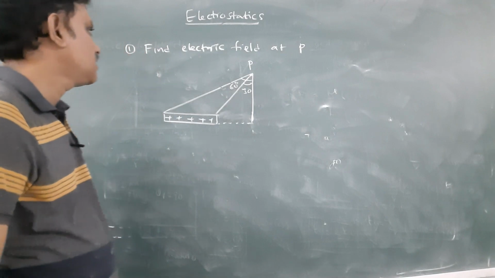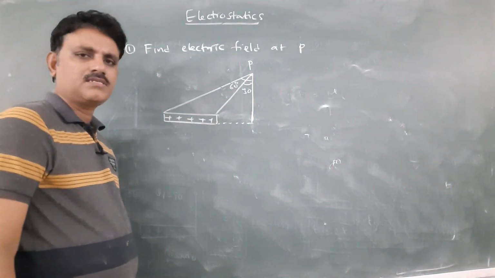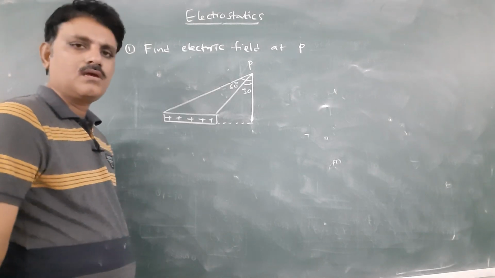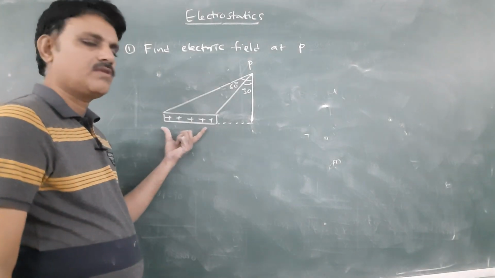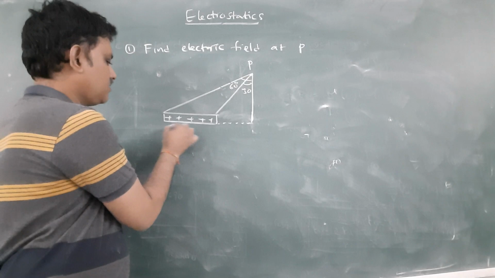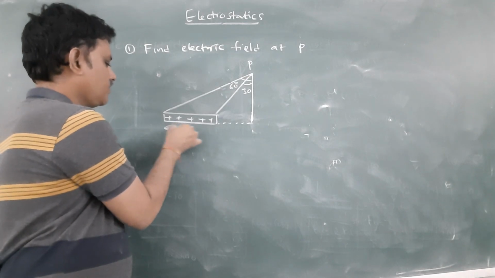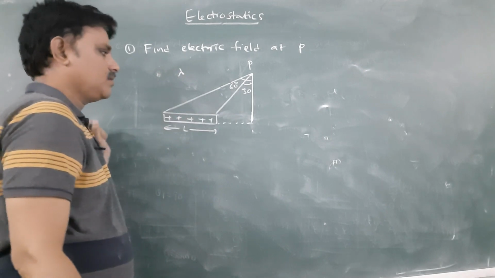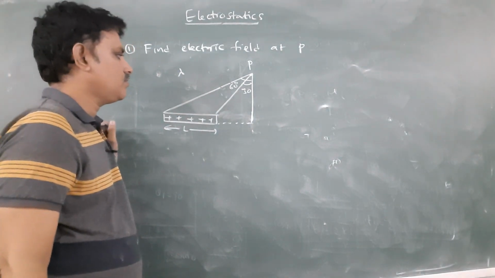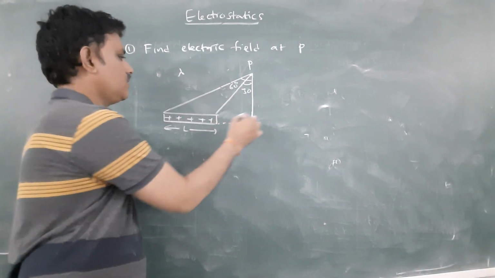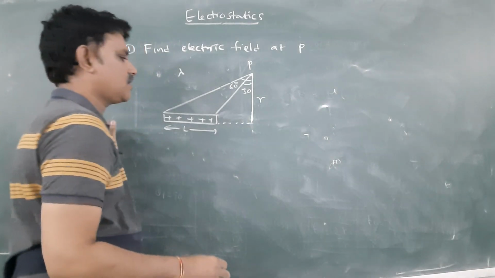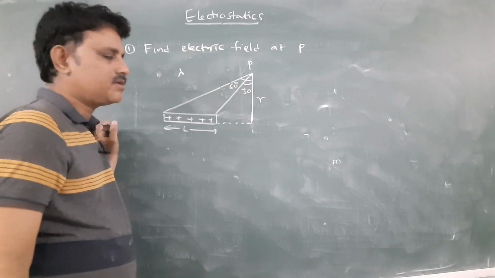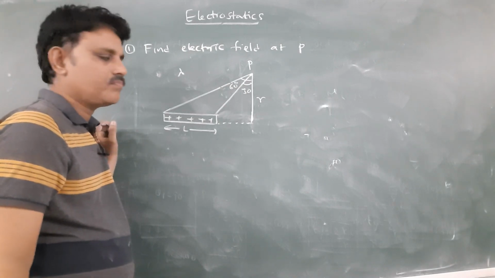Okay students, let us discuss an example related to the concept we discussed. Suppose this is a charged wire having length L and linear charge density lambda, and we are going to find the electric field at a perpendicular distance r from the horizontal line.